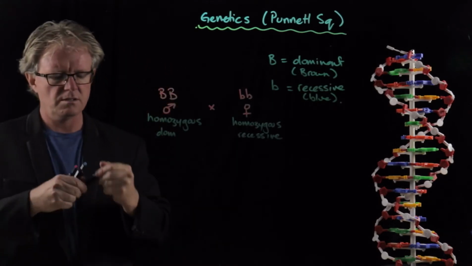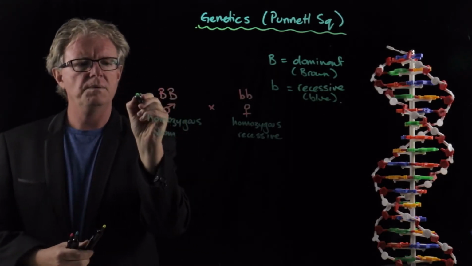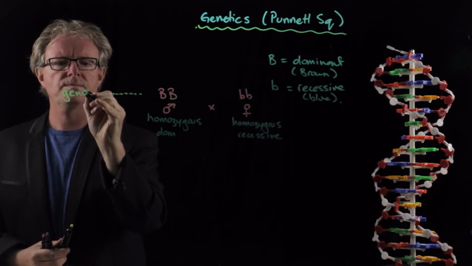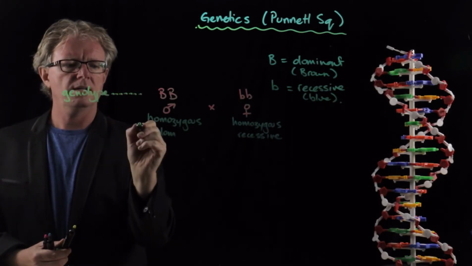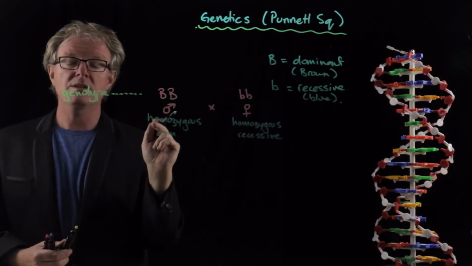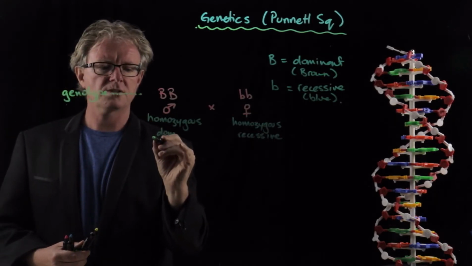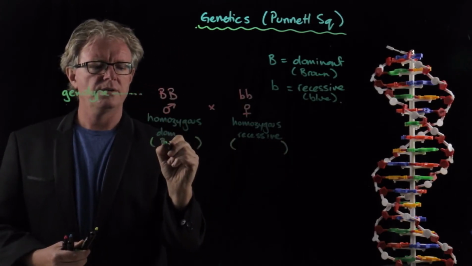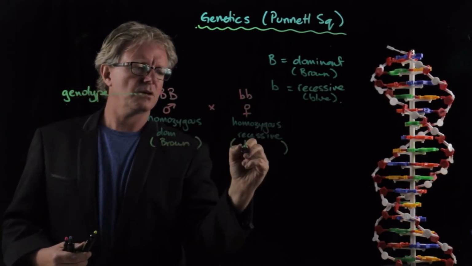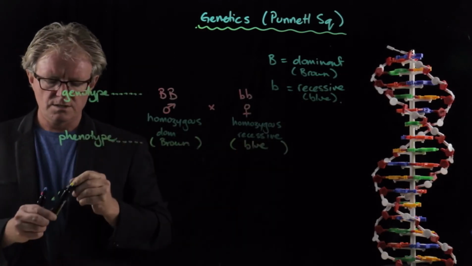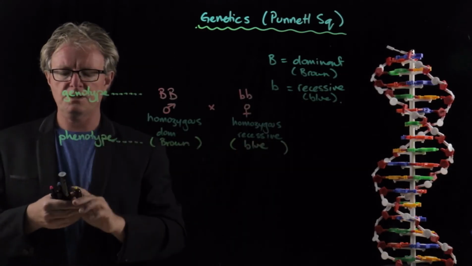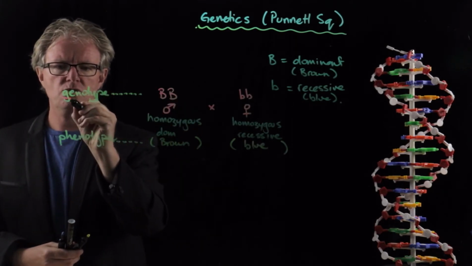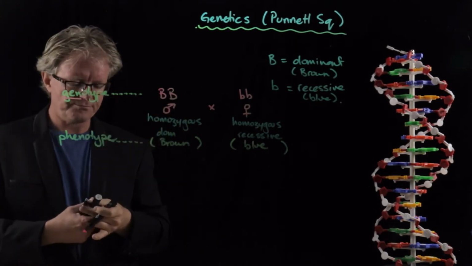Up here, this is the genotype. I haven't written the phenotype, so let's write the phenotype in here. We've got brown, and we've got blue. Remember, the phenotype is what you look like, the genotype is what you have as your genes. Gen for gene.